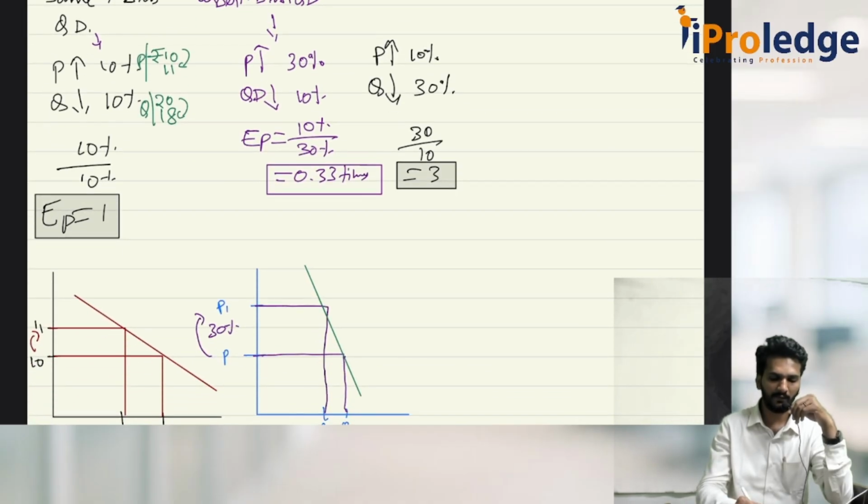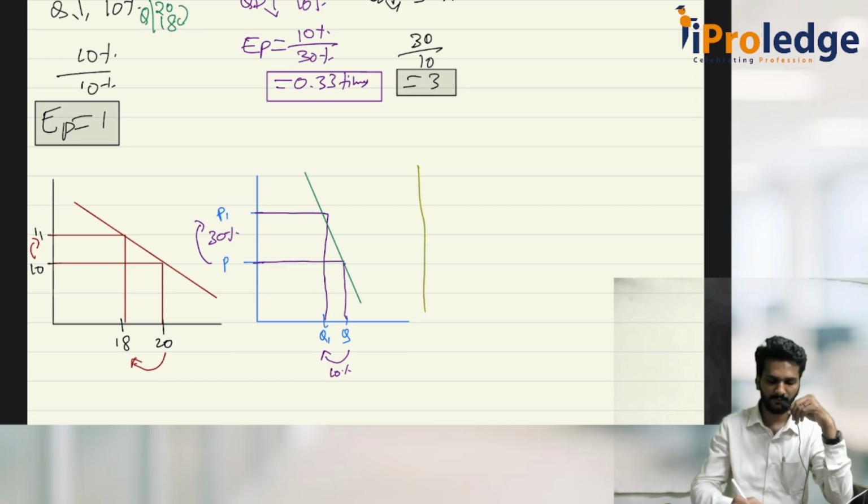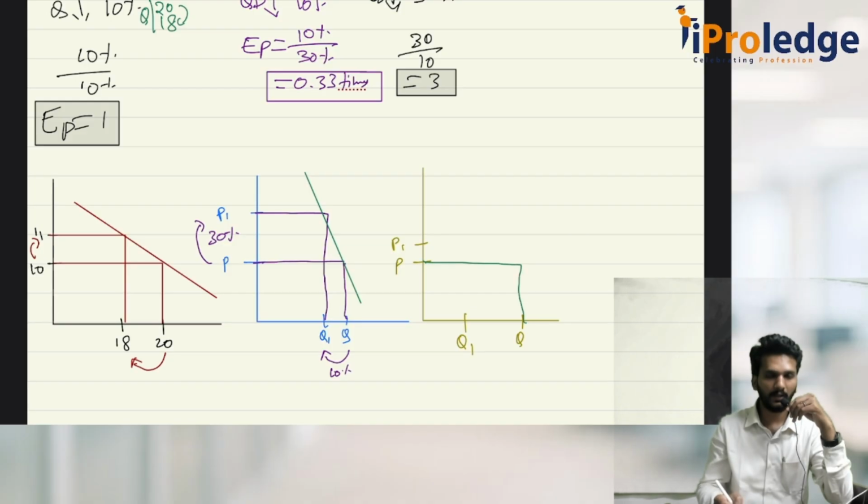If this is happening, what happens to the curve? Look at the curve. Earlier, P is there. Now it has become P1. So this is Q, this is Q1. When this was there, this happened.